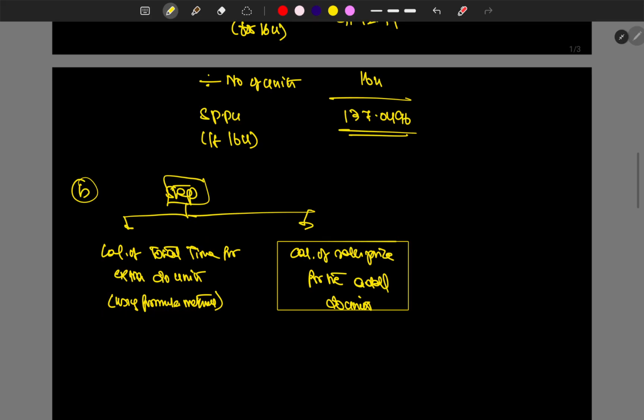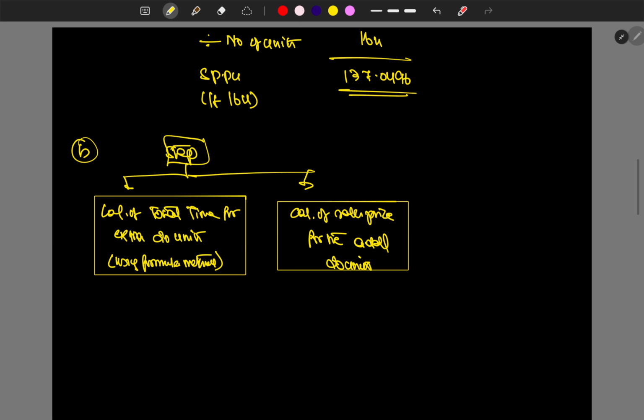Okay, let's quickly get into the problem, which is step 1: the calculation of total time for the additional 20 units.